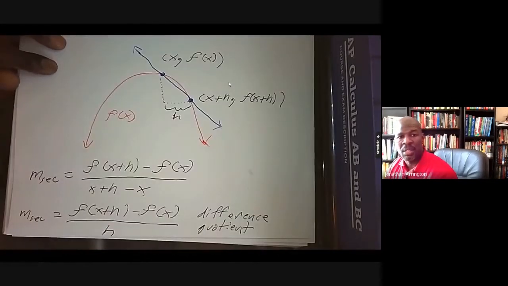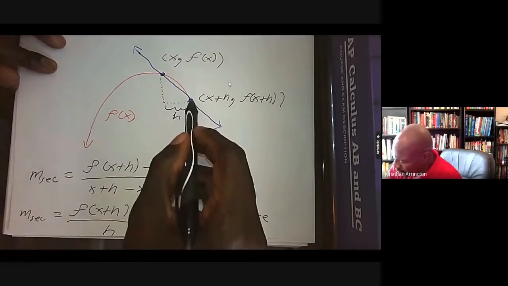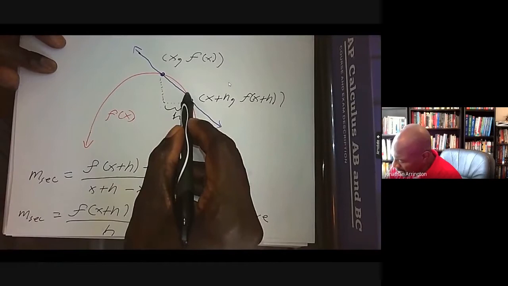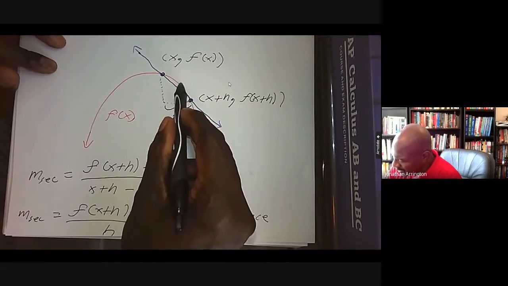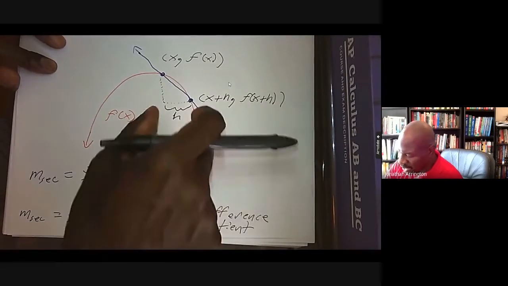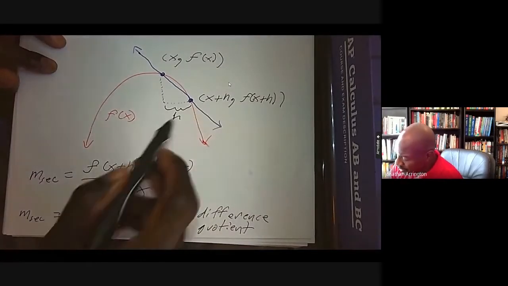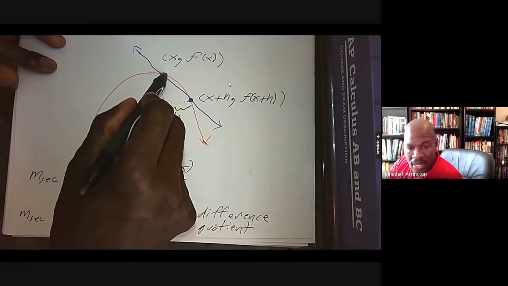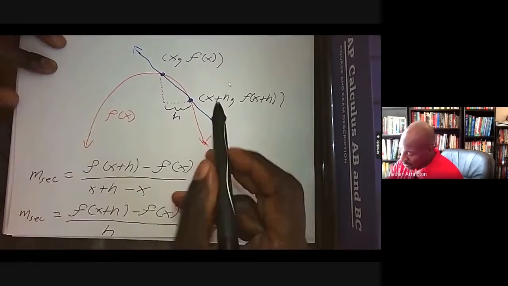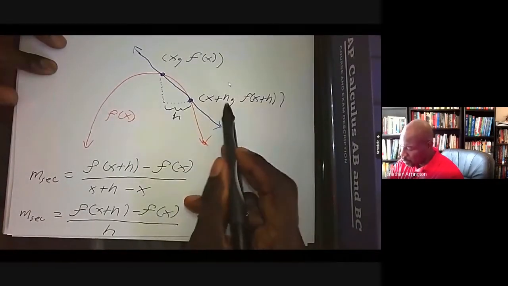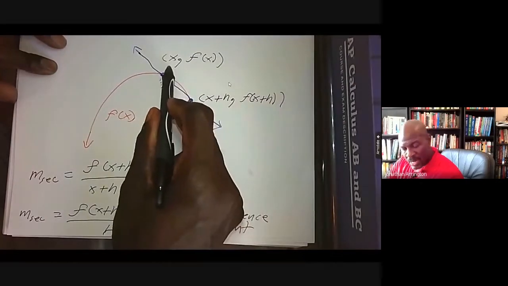Is h going to get bigger or smaller? Hopefully you're saying h is going to get smaller. So the closer and closer x plus h gets to x, h gets smaller. And guess what's the value of h when this point is right on x? 0. Think about it. If h is 0, x plus h equals x.